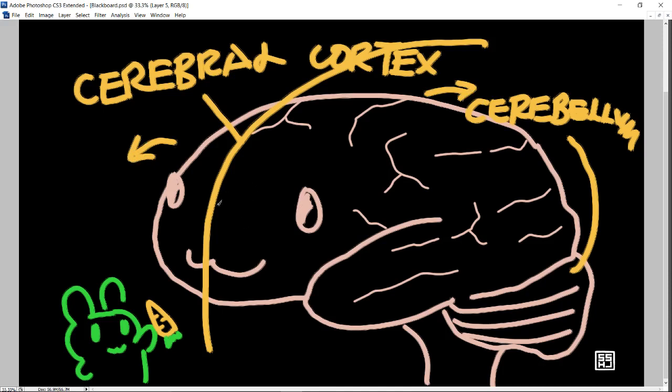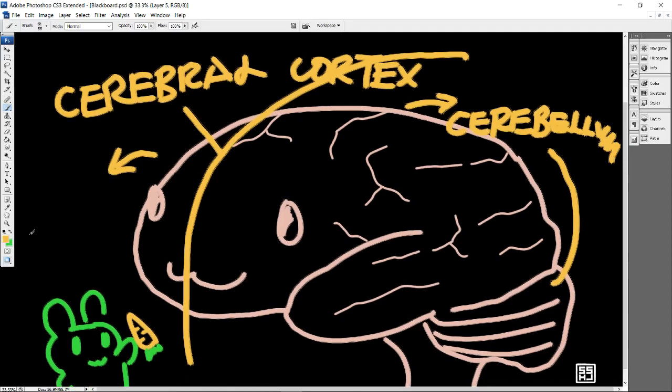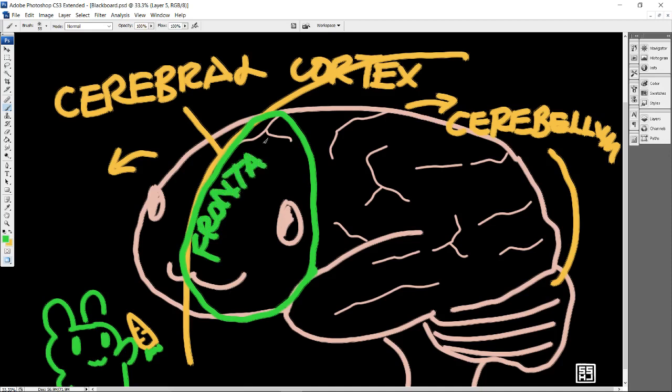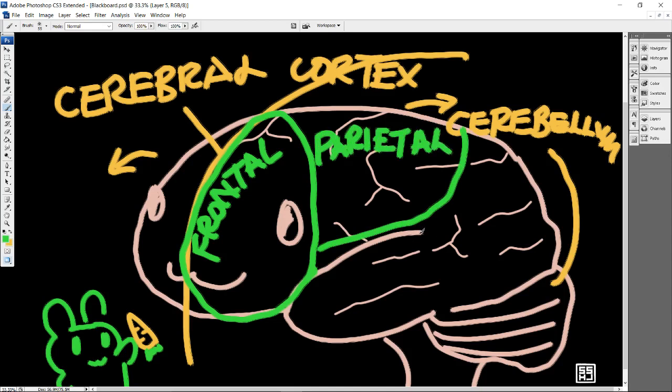At the front of the brain is, of course, the aptly named frontal lobe. Then there is one kind of in the middle, which is the parietal. And then there is the one at the back, which is the occipital.